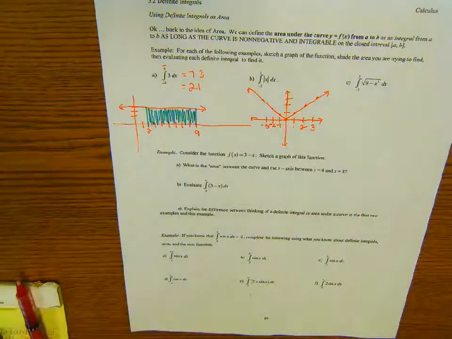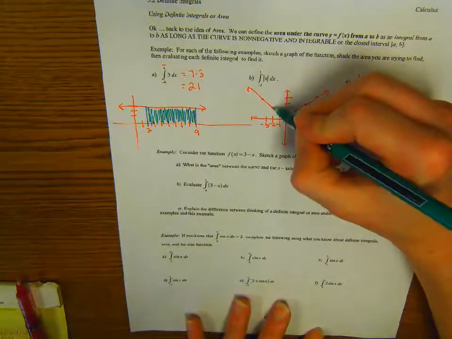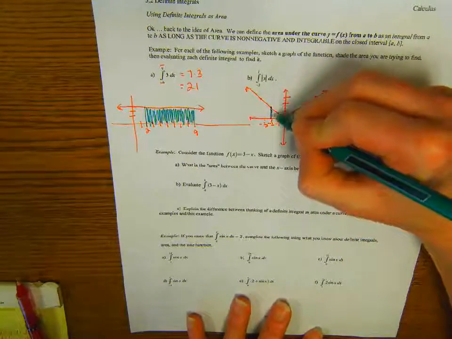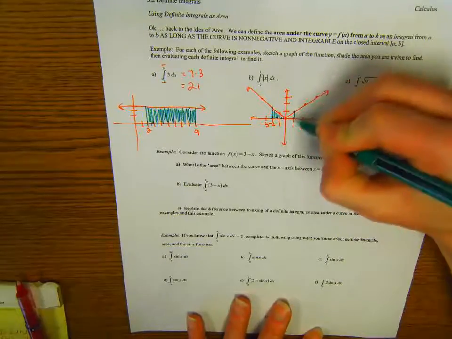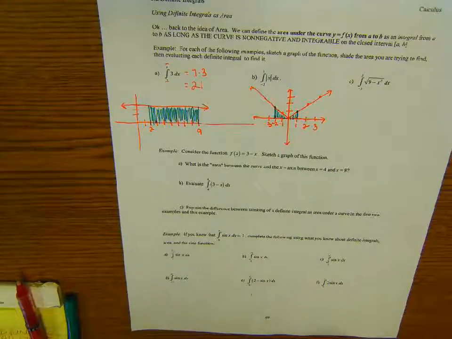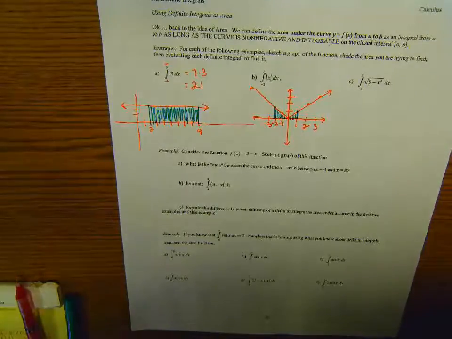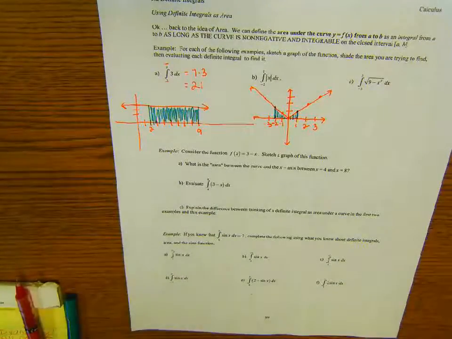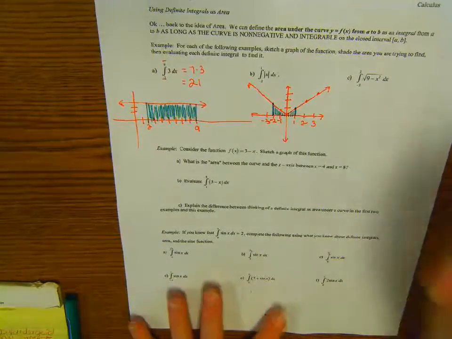If I wanted to evaluate this from -2 to +1, how would you go about finding the area between that with the x-axis? We would use 2 triangles. Okay, so we want to make sure we do both of them.